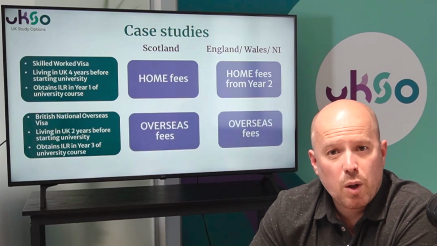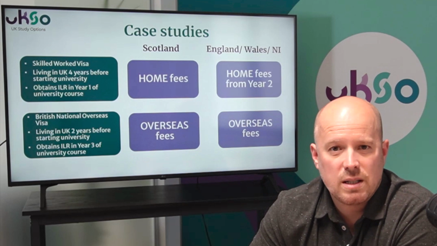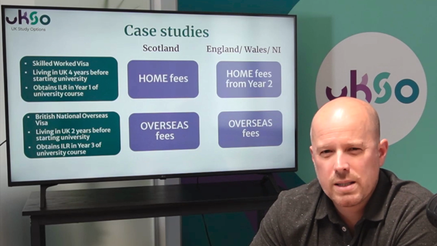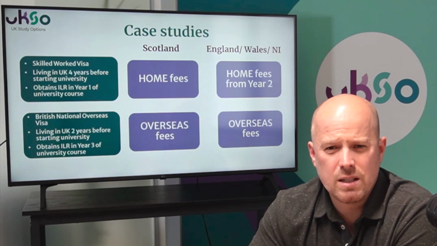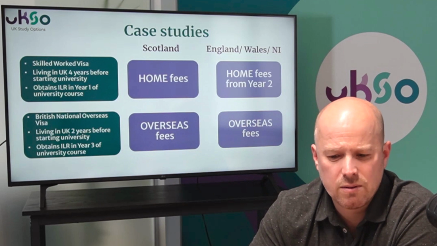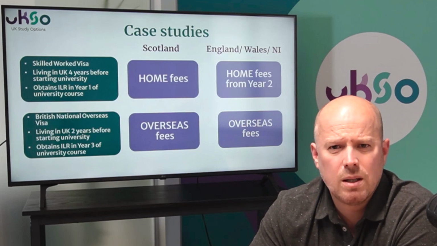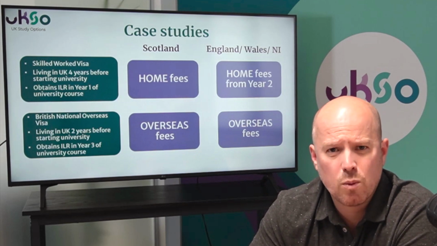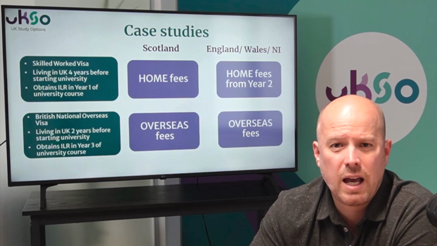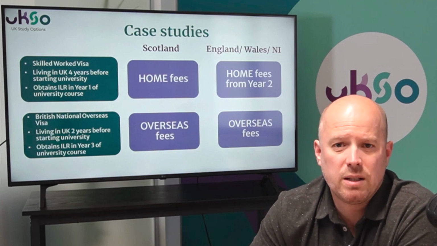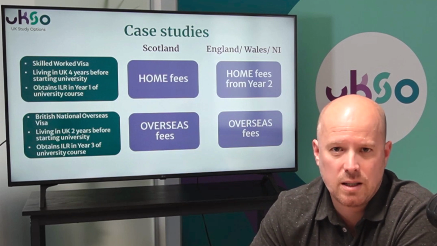So in both cases, overseas fees. So why is this? Because they've got a visa and they get indefinite leave to remain, exactly the same as the previous example, but what's different? It's the fact of how many years they had been living in the UK before they started their course.